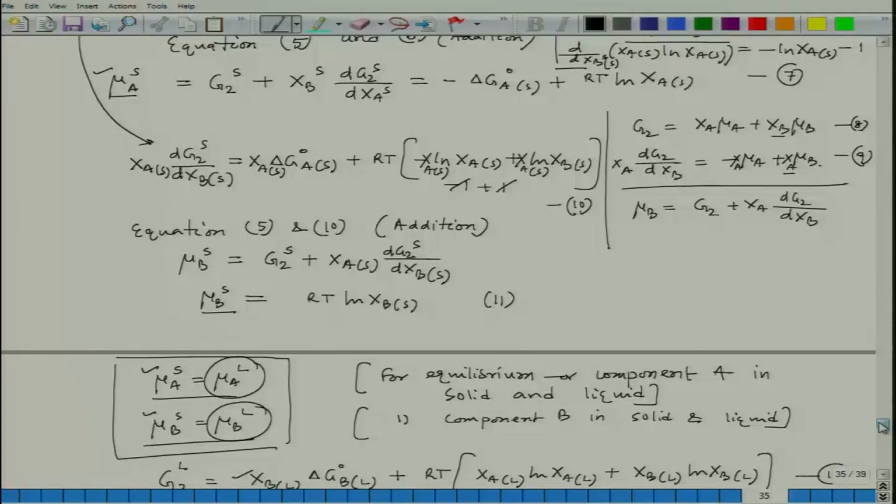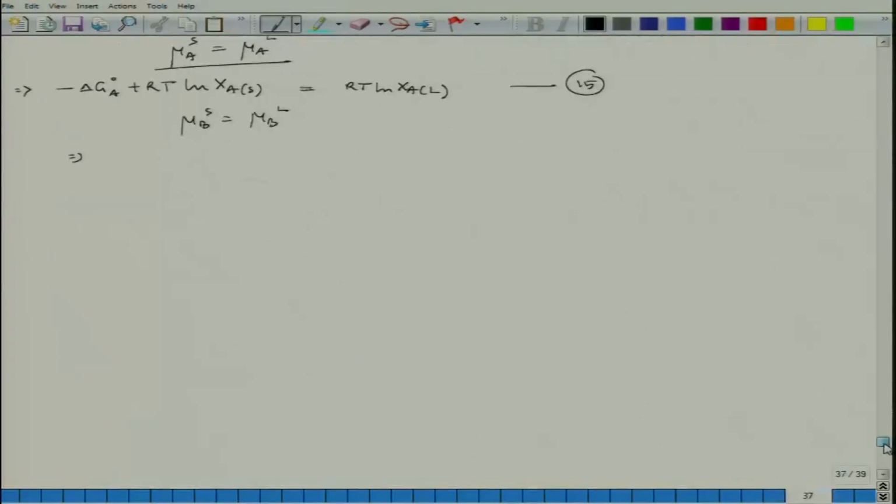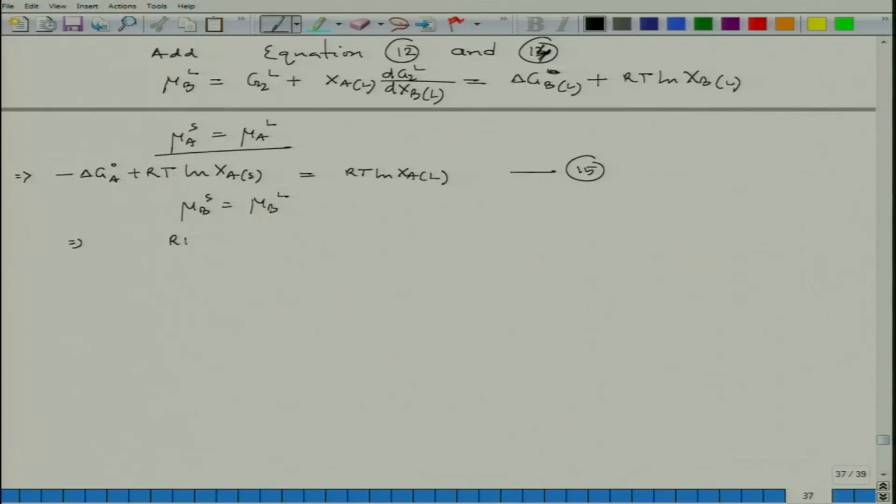If I consider mu Bs is this one, so this is RT ln XBS equal to, and mu BL is basically this one, which is delta GBL plus RT ln XBL.